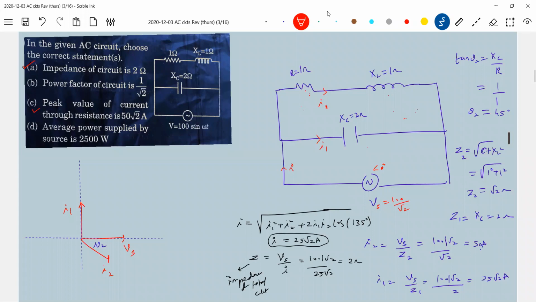So I1 and I2, I know them. I'll calculate the resultant current and the angle between the resultant current and the applied voltage. The angle between them gives the power factor of the circuit, cos phi.